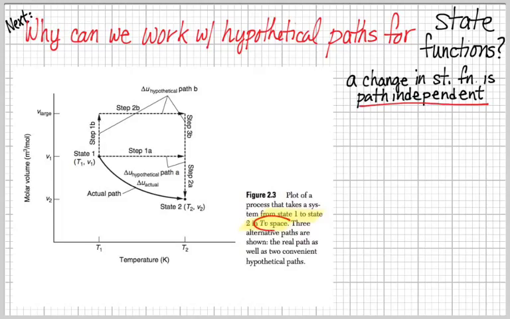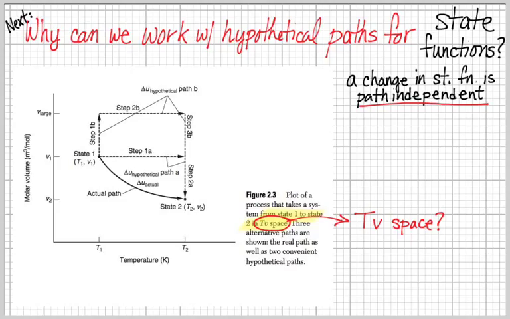So in this particular plot, we've got a TV space plot. And you want to look at that figure from the textbook and ask, what is TV space? It's temperature and molar volume space. In general, these plots are going to have two axes, and they're going to be a part of what we will call phase space.